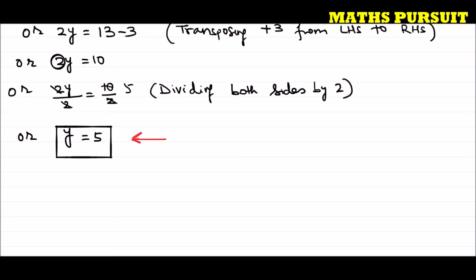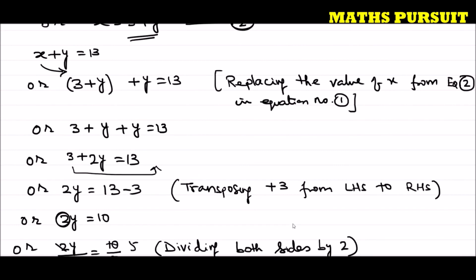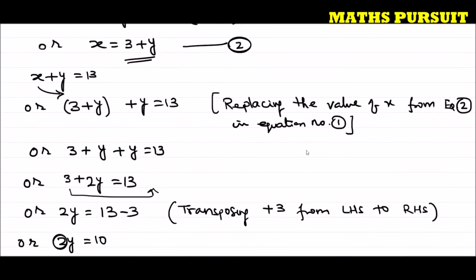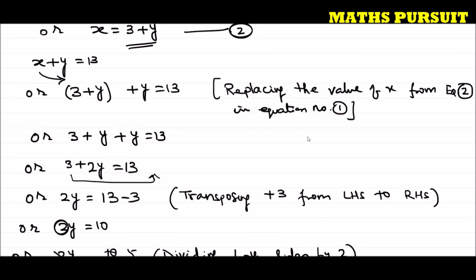Now we assumed the original number to be xy, and as per equation number 2, just look here at equation number 2, x is equal to 3 plus y.